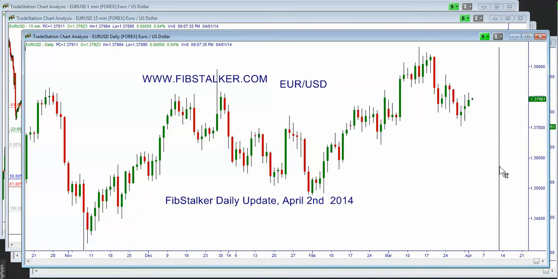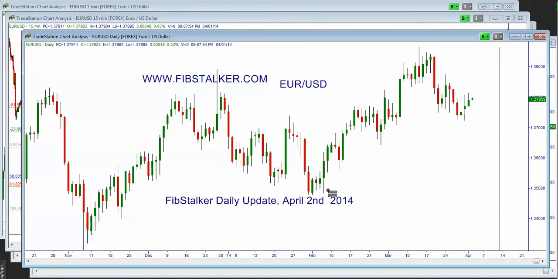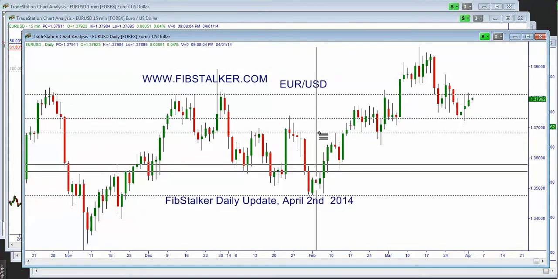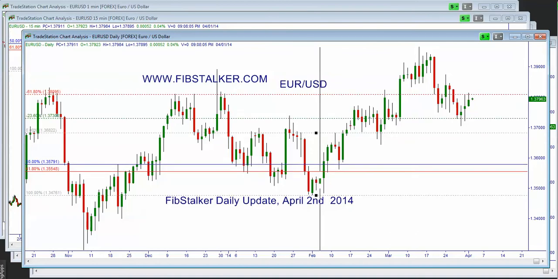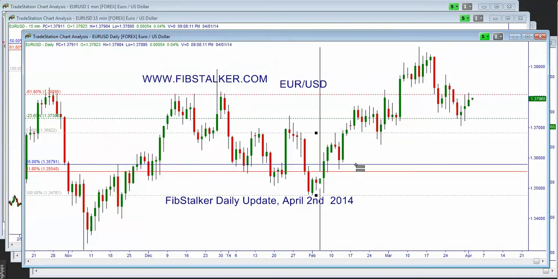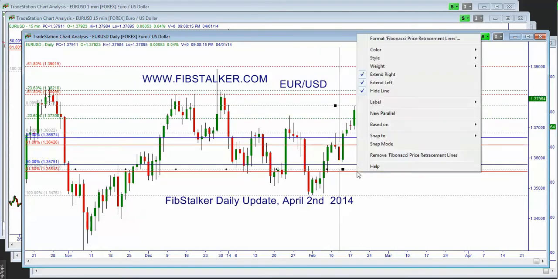The euro-dollar forex pair, which you see on the screen, is the daily chart. You will remember that in the last few days and weeks, we've been looking at this sequence of measure moves, lows to highs, and again lows to highs, which progressed into first and second target, and after that we started trading in extension.